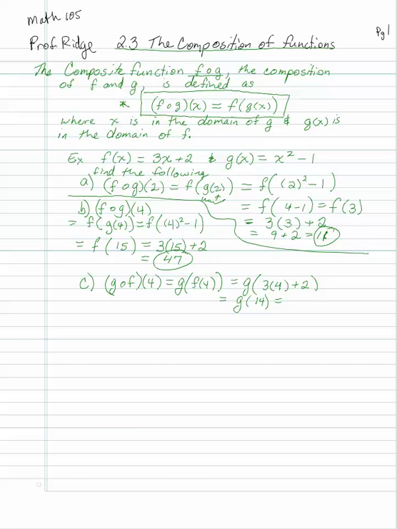Now we're going to plug the 14 into the g function, which is x squared minus 1. Plug the 14 in for x. So that is 196 minus 1, which is 195.